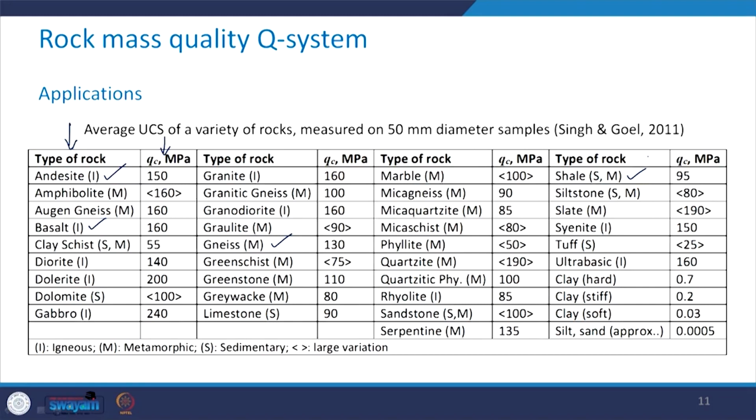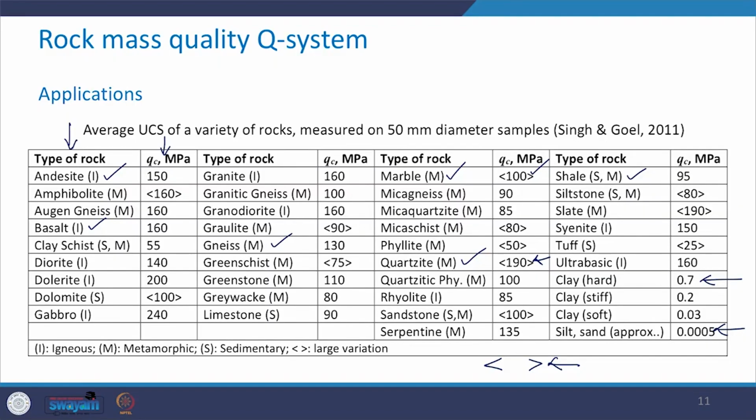Now, another thing which you must note here is this type of symbol that shows the large variation. That means, let us say the type of rock is the metamorphic rock marble, and an average value of 100 megapascal is given with this sign. So, that means that around 100 megapascal, large variation in the UCS of marble can occur.